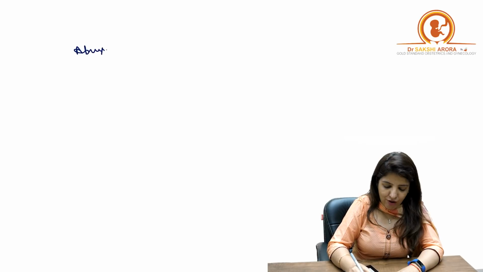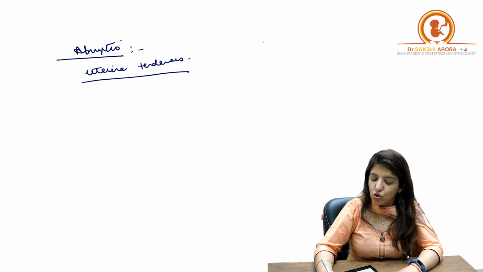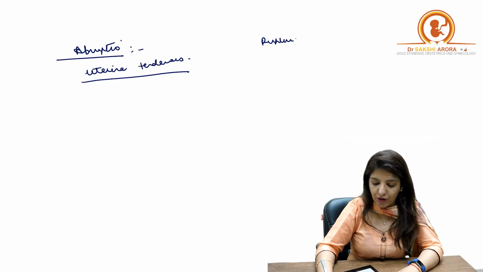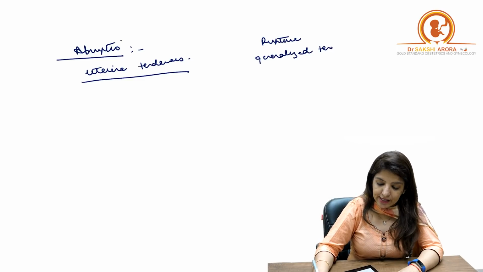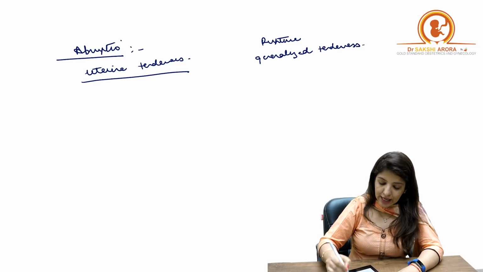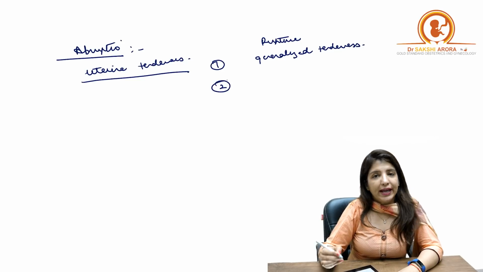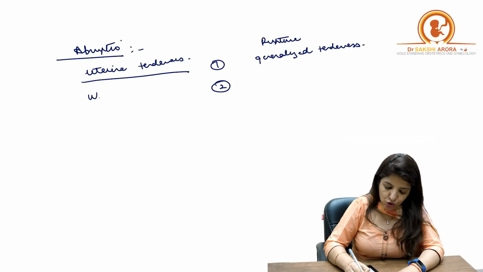In case of abruptio, you get uterine tenderness, whereas in case of rupture, you are going to get generalized tenderness, right? Number one. Number two, in case of abruptio, uterine contour is normal.